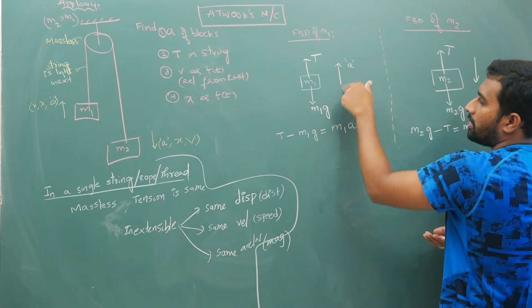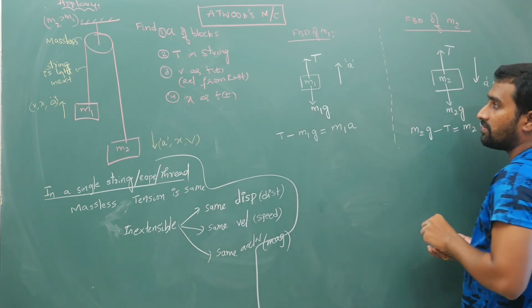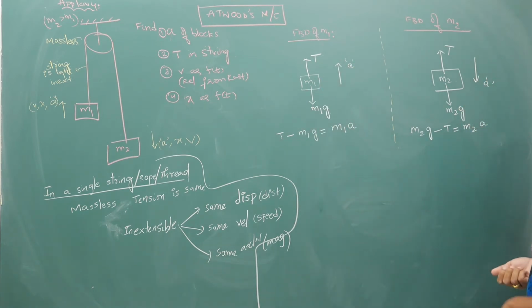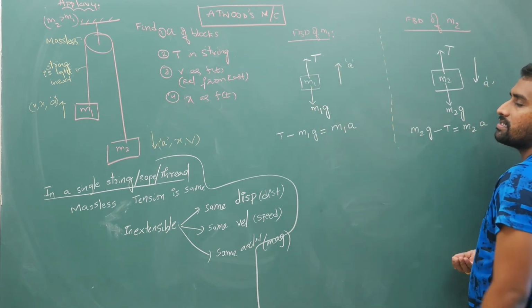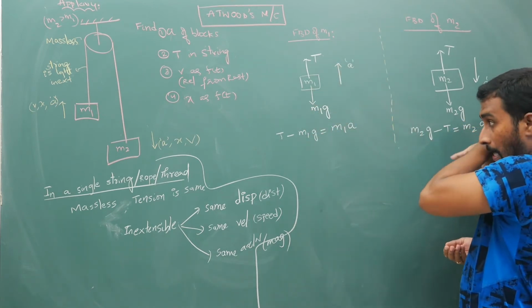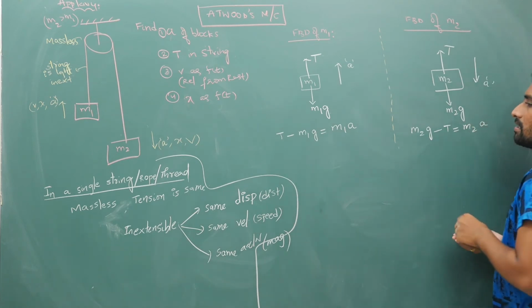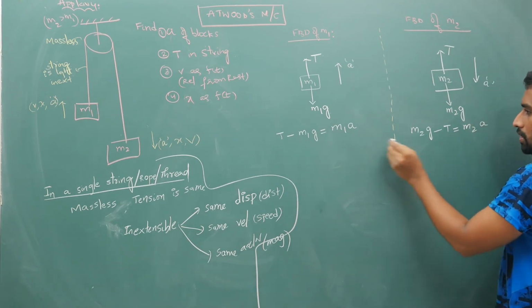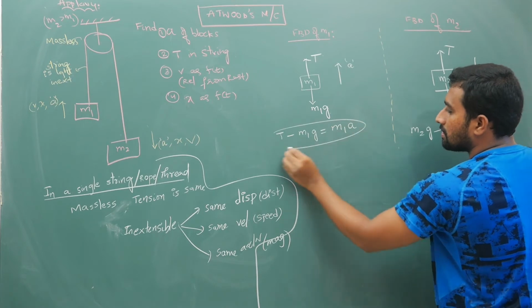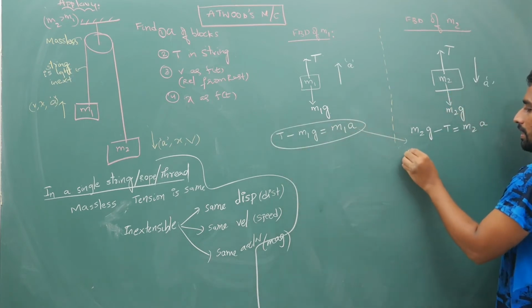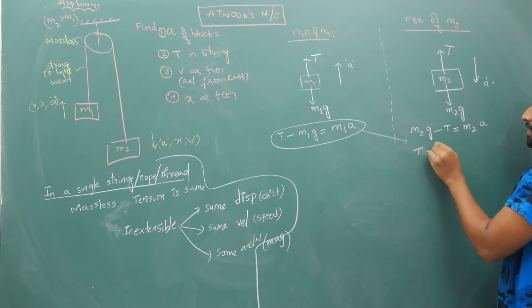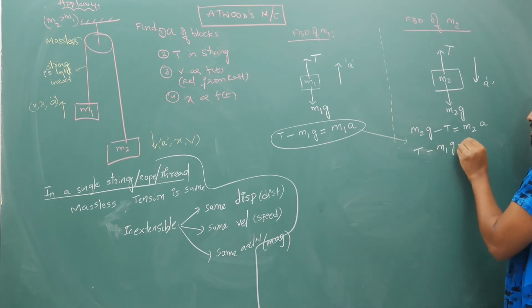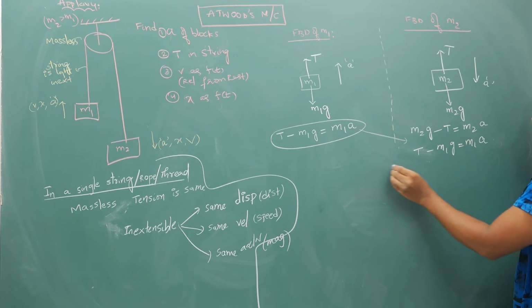Because the body is going upwards, upward force minus downward force is equal to m1 into A. If not, whatever is up positive, whatever is down negative, still you will get the same equation with a negative sign. So now if you solve these equations, I will bring this equation here and I will try to solve. T minus m1g will be equal to m1 into A.